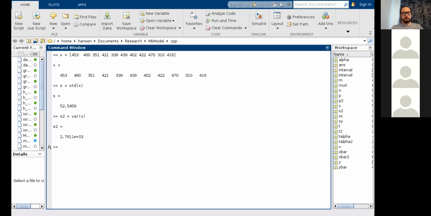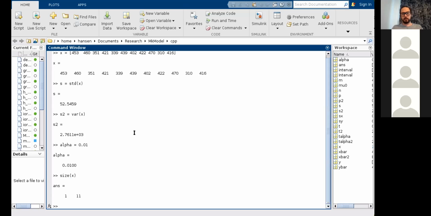Our alpha is 0.01. So we calculate the critical region, and N is 11.